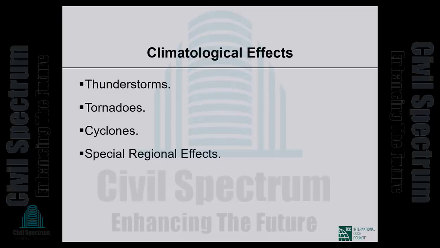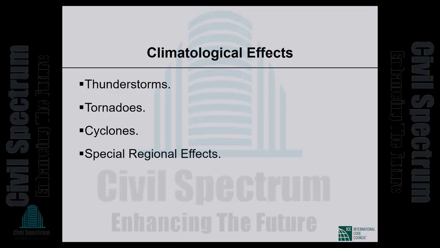When we use the word storm, climatological effect, these are the various types that we typically deal with. Thunderstorms that you are, I'm sure, all familiar with. Tornadoes, depending upon where you are; tornadoes don't strike everywhere. Cyclones. Cyclones are called hurricanes in this part of the world, the other side of the Atlantic.